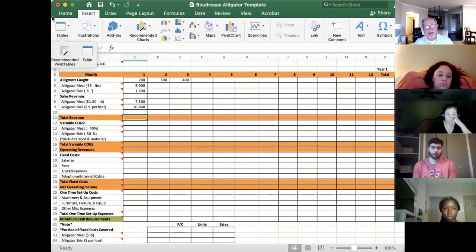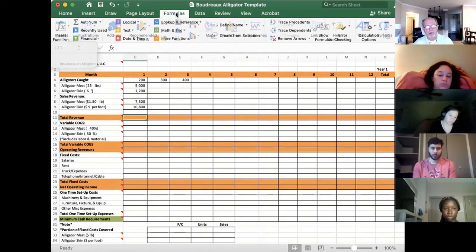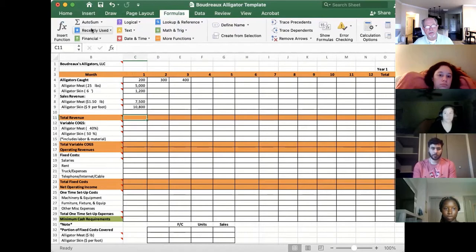My screen doesn't like me. All right, so what we're going to do is use the sum of, and we know we'll have $18,300 revenues for the first month. And what we'll do for our variable costs, we'll go back and they'll be separate.